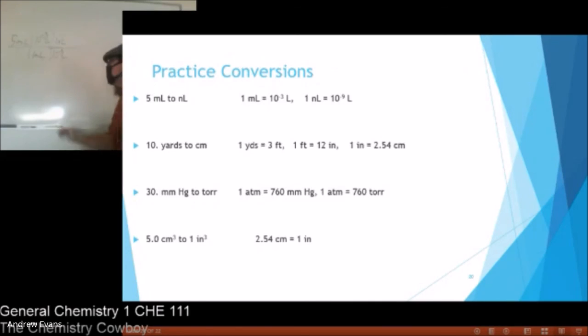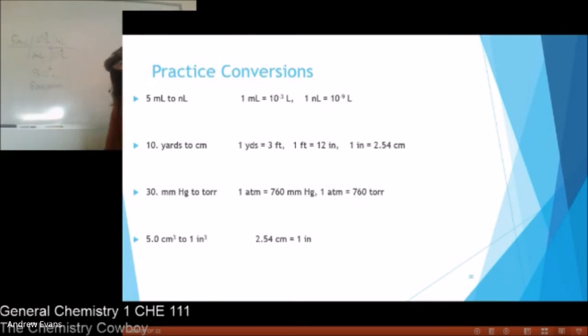What you should get is 5 times 10 to the positive 6th nanoliters, or essentially 5 million nanoliters. But try that. Make sure you get the right number. Don't just assume. Punch it in your calculator and attempt it.